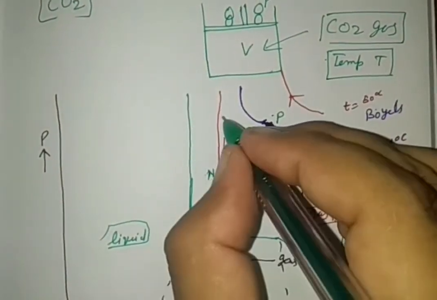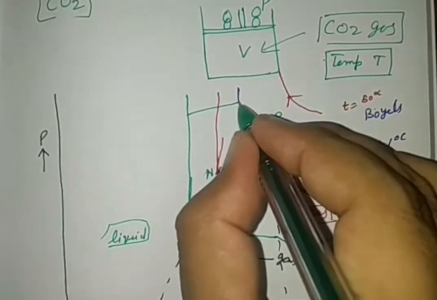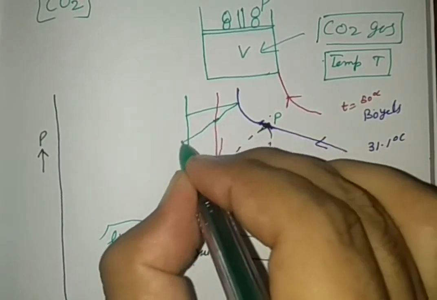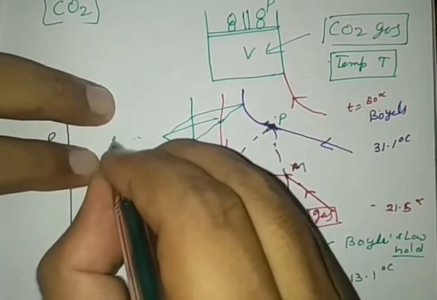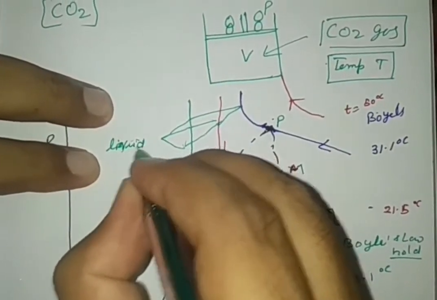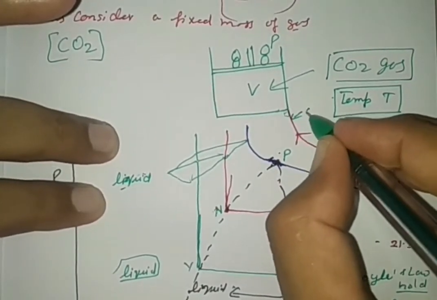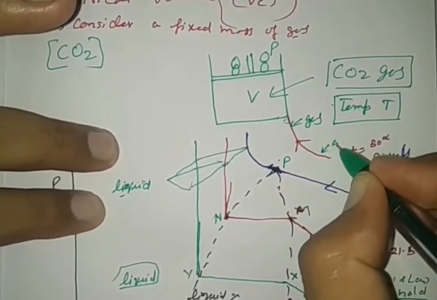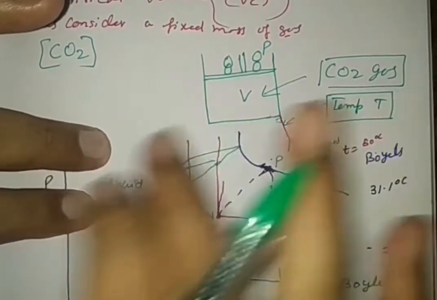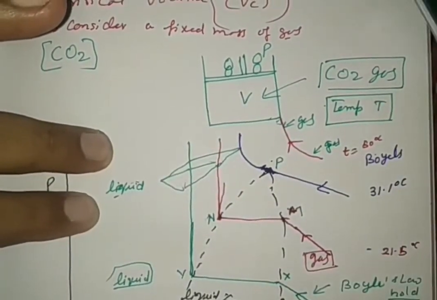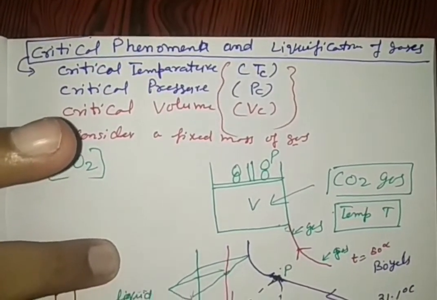Here all these are in which state? Liquid. But here this whole region is gas state and obeys Boyle's law completely. So no change of state takes place. So this is the liquid state between them.